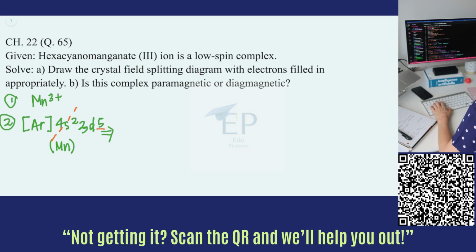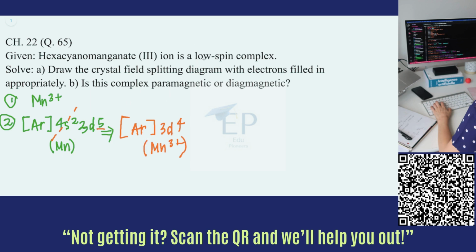So the electron configuration for the manganese 3 plus ion is, again, going to the closest noble gas, argon, and then 3d4. This is the correct electron configuration for manganese 3 plus. Okay, good refresher there. So what other information can we derive from what is given?